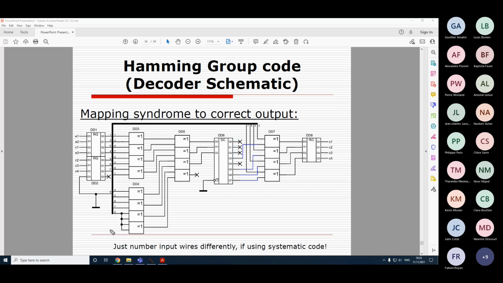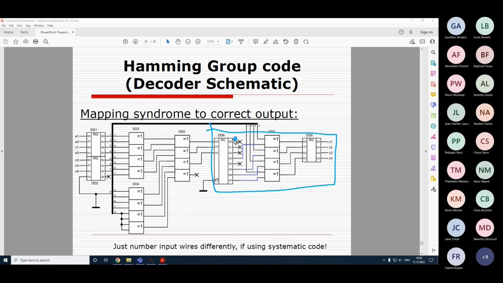Yes, if we have a systematic code, again, all the difference is just these numbers, how the symbols are arranged, nothing more. We are still considering with this component that our code is non-systematic, because this line decoder actually expects to find symbols in their non-systematic positions.